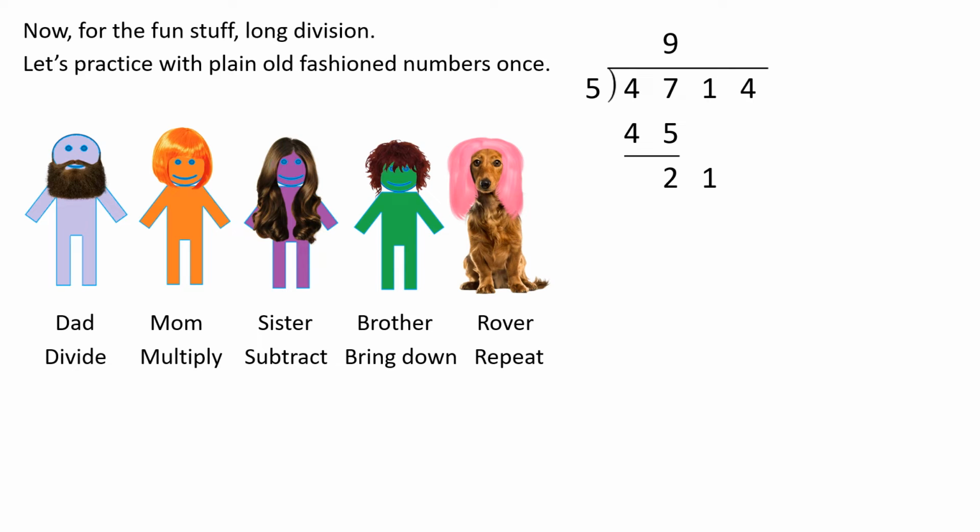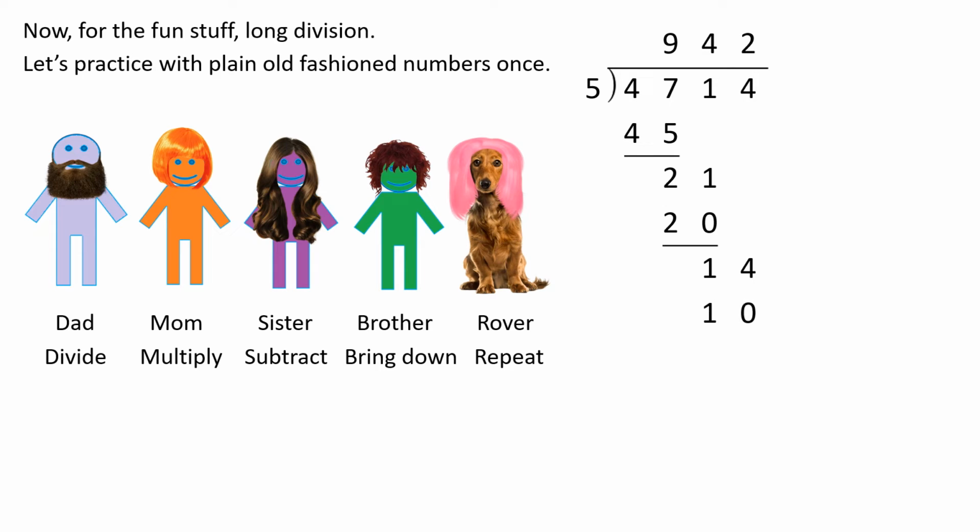And so Rover is repeat. So 5 divides into 21 4 times. 5 times 4 is 20. Subtract, and I get 1. Bring down the next number. 5 divides into 14 twice.